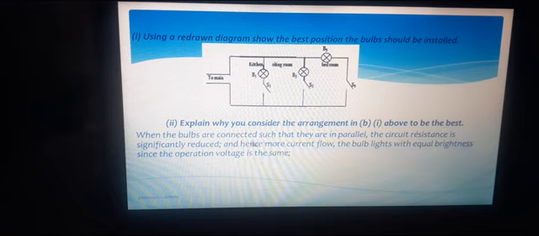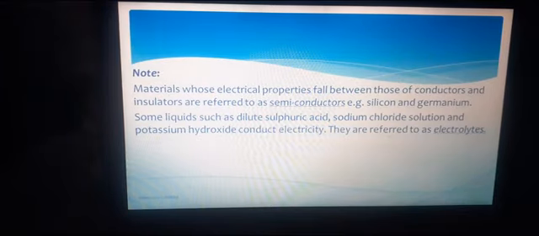Reason: when the bulbs are connected in parallel, the circuit resistance is significantly reduced and hence more current flows. The bulbs light with equal brightness since the operating voltage is the same. That's the reason it's encouraged when doing wiring that all bulbs should be connected in parallel, not in series.